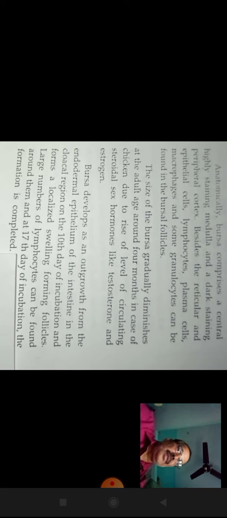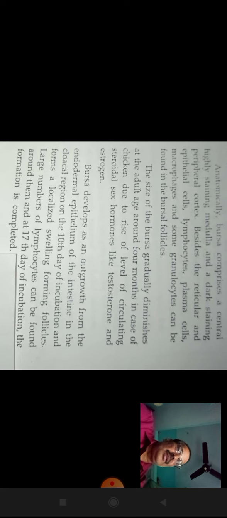Bursa develops as an outgrowth from the endodermal epithelium of the intestine in the cloacal region on the 10th day of incubation and forms a localized swelling forming follicles.